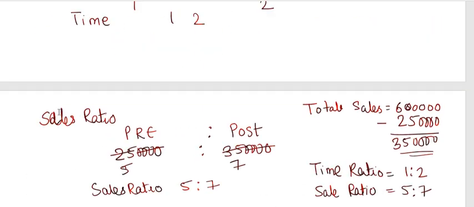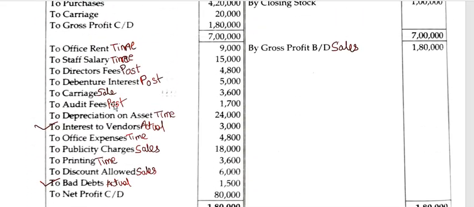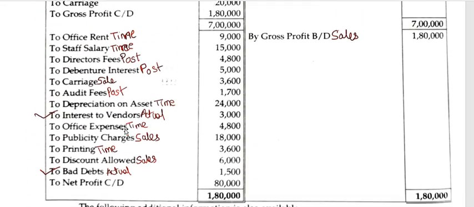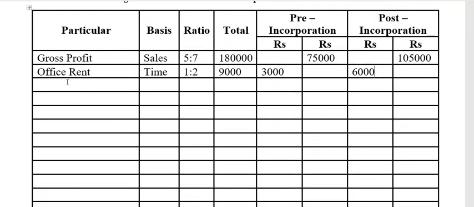After office rent, staff salary is 15,000, and staff salary is to be allocated on the basis of time, and the time ratio is 1:2.